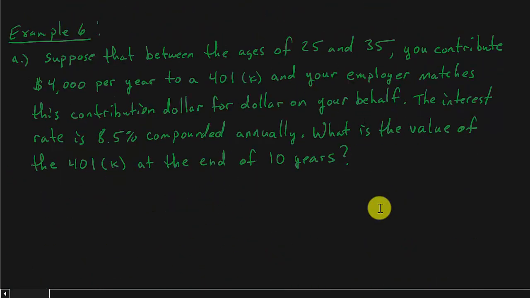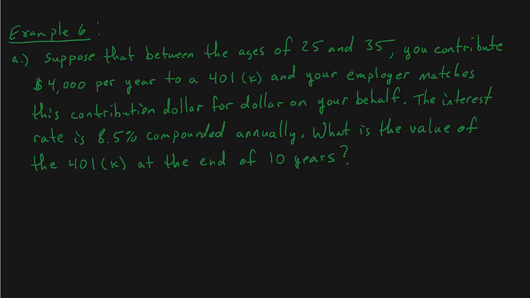Between 25 and 35, you contribute $4,000. So we're making $4,000 per year, so that's how much is going in at the end of each year. And we want to know how much we are going to have after 10 years. That's an annuity, right?